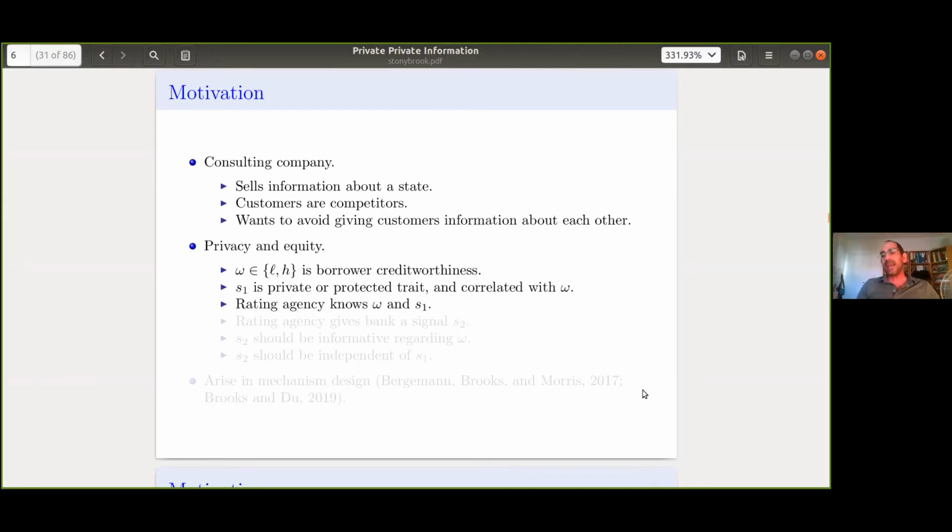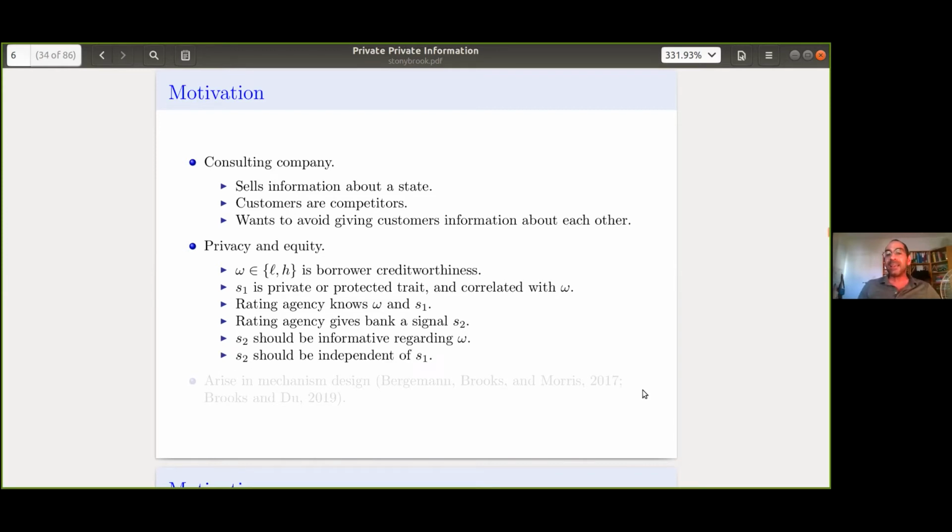Now, there's some rating agency that the bank goes to, and the bank asks the rating agency, what is the creditworthiness of this person? Tell me something about it. And imagine that the rating agency knows omega and knows this protected trait. They have all the information, and they tell the bank some signal S2. Now, this S2 should be informative about the state, about omega. The bank is paying money for that information.